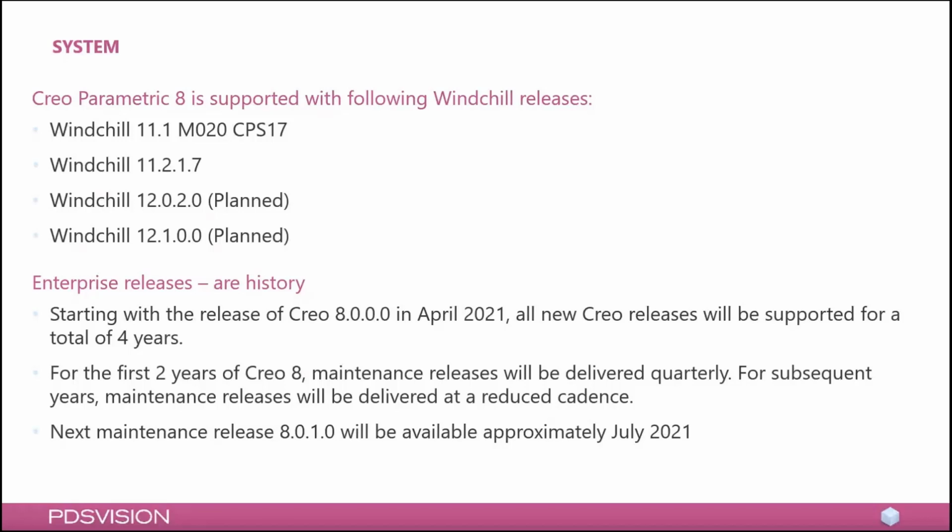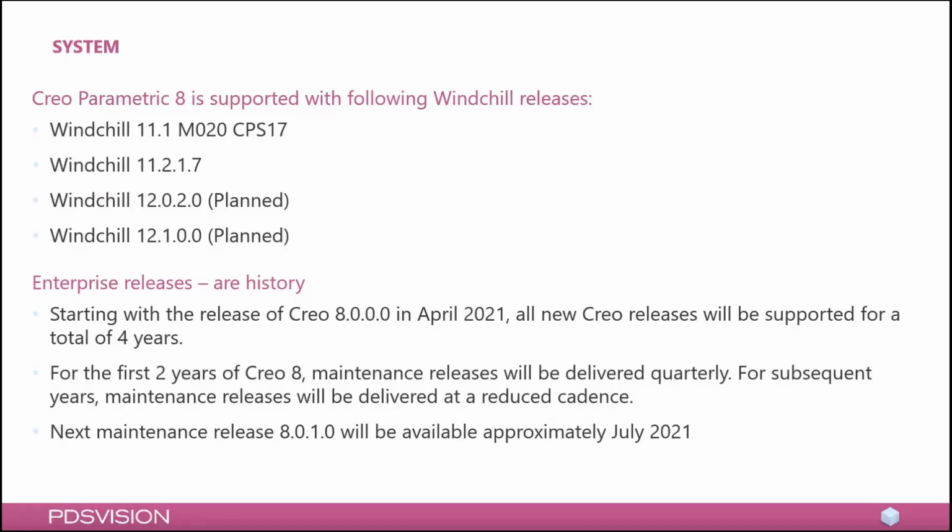But then PTC got thinking again about this enterprise release scheme and realized that it's not necessarily nice to push customers to certain enterprise releases and force them into certain upgrade paths.